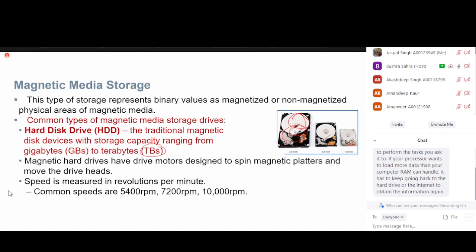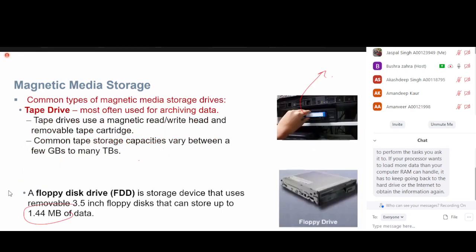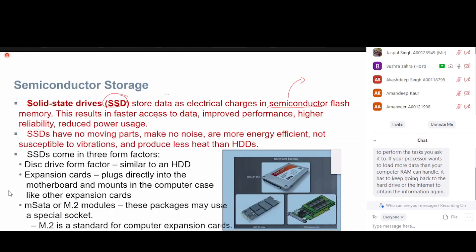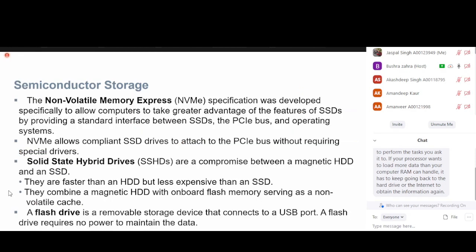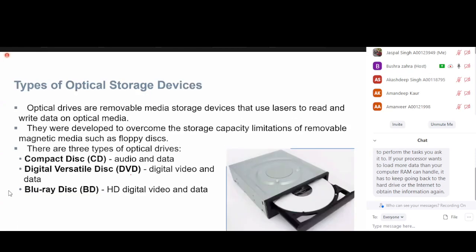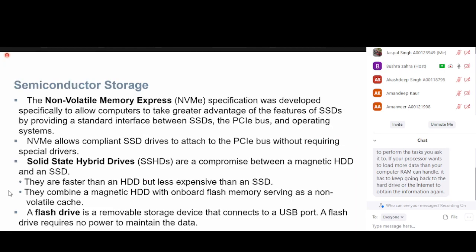It creates a sound, some gear kind of sound. It shows that something is rotating inside the system. That's basically the hard drive read-write head, which keeps moving when you're accessing the hard drive. SSD doesn't have any noisy system, because it's all about solid state.